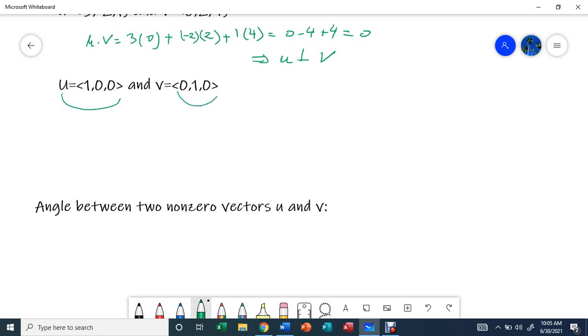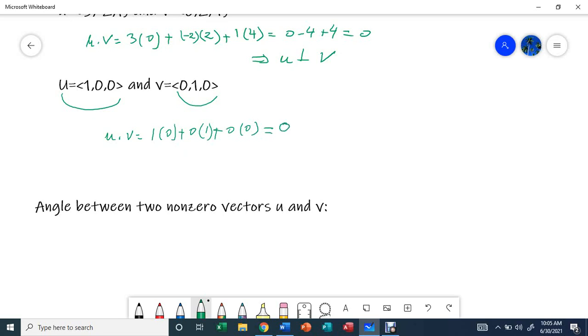So let's do their dot product. u dot v equals 1 times 0 plus 0 times 1 plus 0 times 0, and you see all of them equal 0, so their sum is also 0.